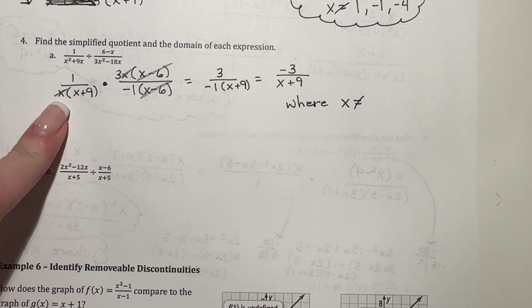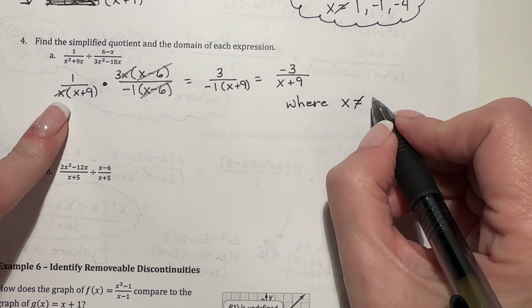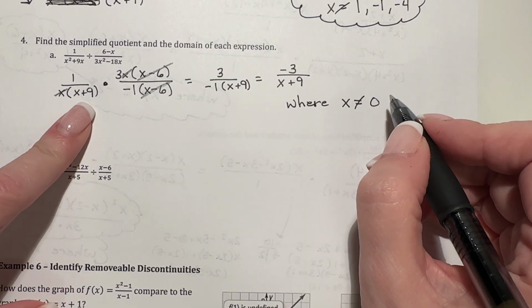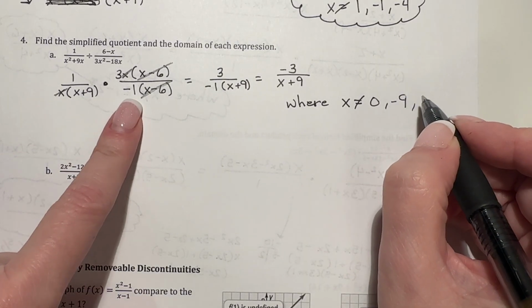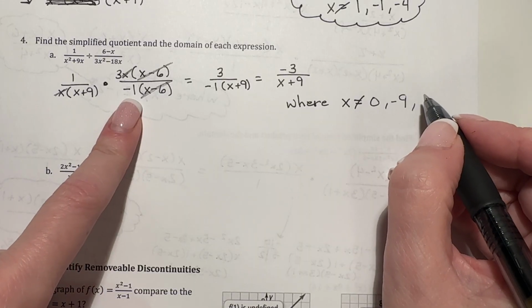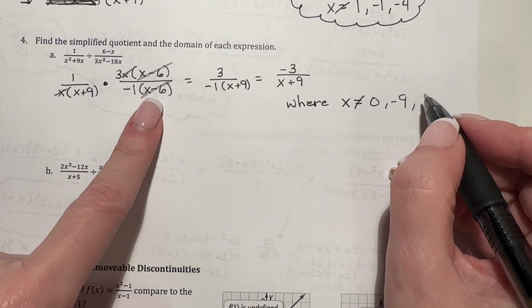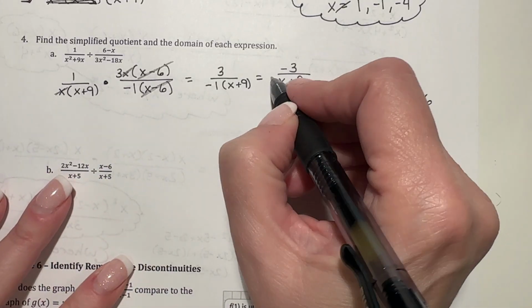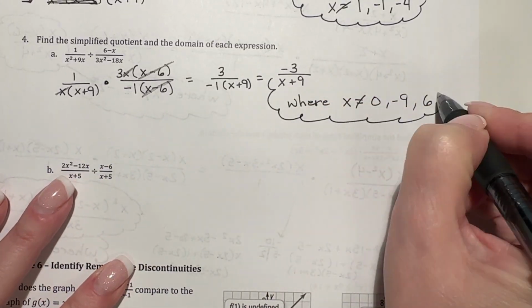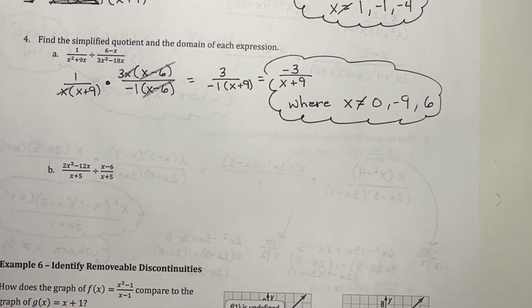If I set this factor I crossed out equal to 0, I get 0. I set this factor equal to 0, I get -9. If I set -1 equal to 0, that does not help me because it doesn't tell me what x can be. So I set this factor equal to 0, and I get 6. So this is your final answer.